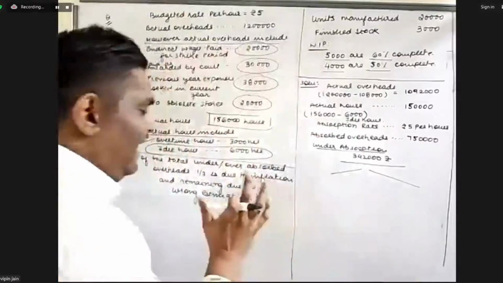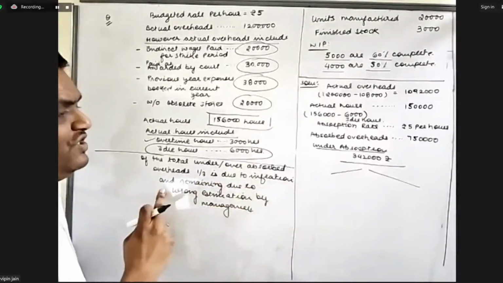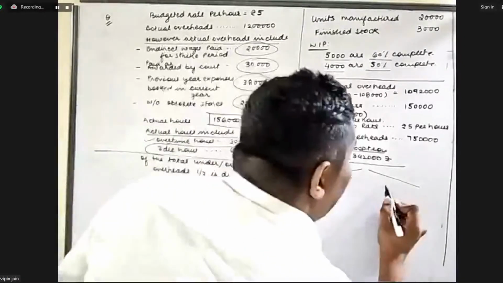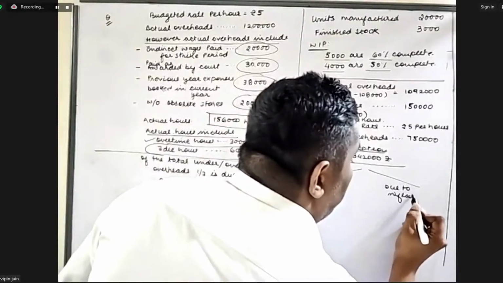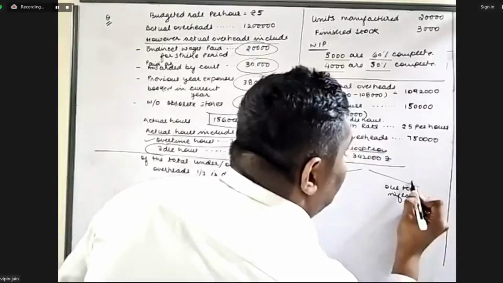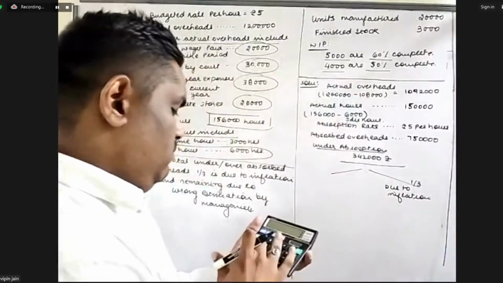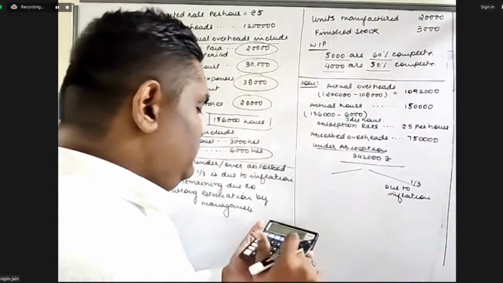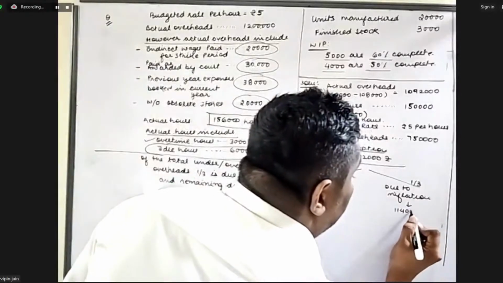But herein, I have twisted the language a bit, wherein 1/3 is due to inflation. So 3,42,000 divided by 3, 1,14,000 is due to inflation.